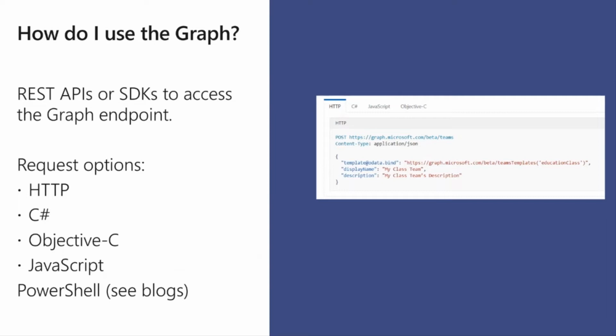You'll notice on the right-hand side is a really quick snapshot example of just how simple the Graph can be to call. In this example, it's creating a team. All we do is request the Teams API, and you'll notice it's 3 lines with an opening and closing bracket, because this is a JSON request. It simply has the type of template we want to create, education class, my class team as a display name, and description.